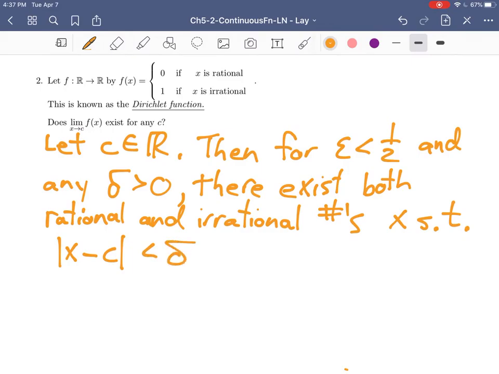So no matter what choice we might choose for delta, there's always going to be an infinite number of rational and irrational numbers within delta units of c.